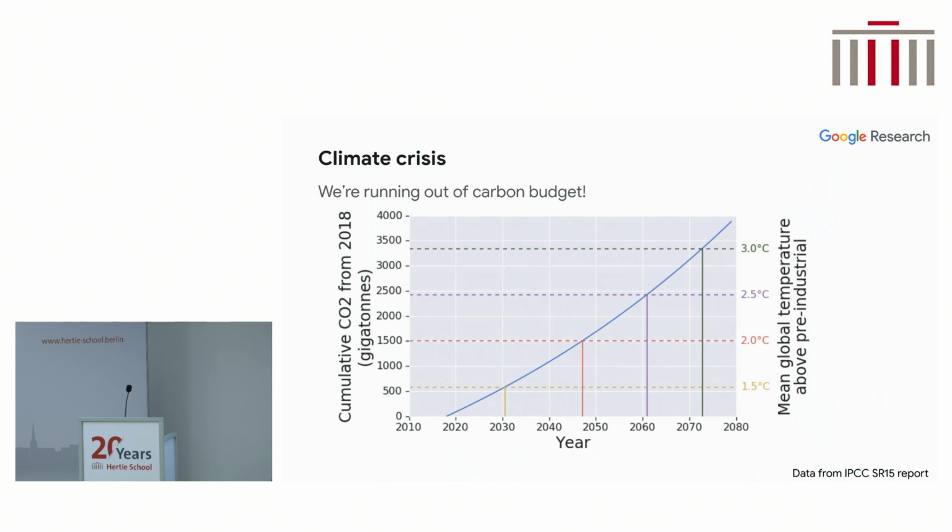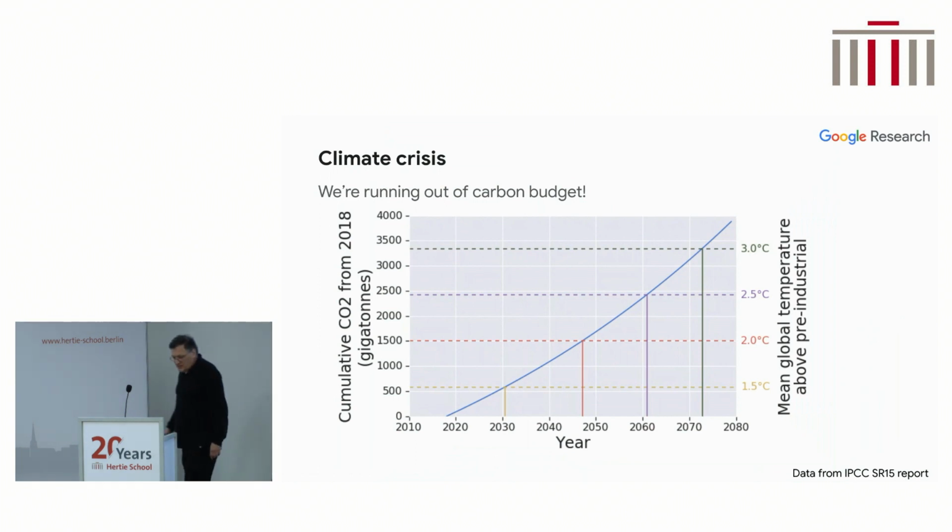So once you pass this, you've overshot 1.5 Celsius, which is considered to be the edge of dangerous, and this is the target for the Paris 2015 Accord. Sometime in the 2040s, we will pass the point of no return for 2 Celsius, and then we'll pass other points of no return later in the century.